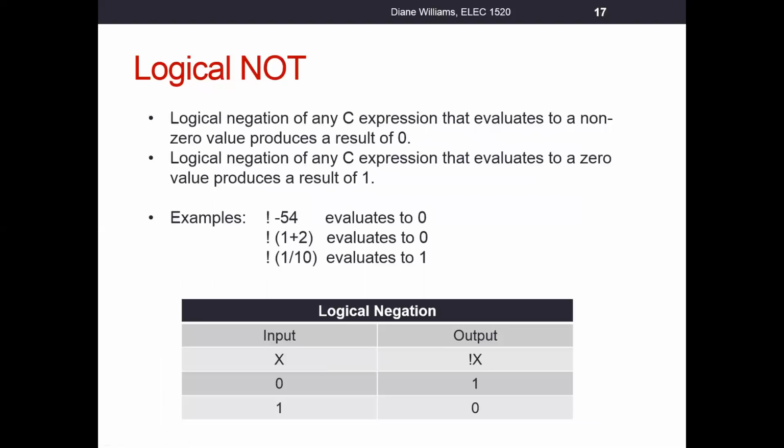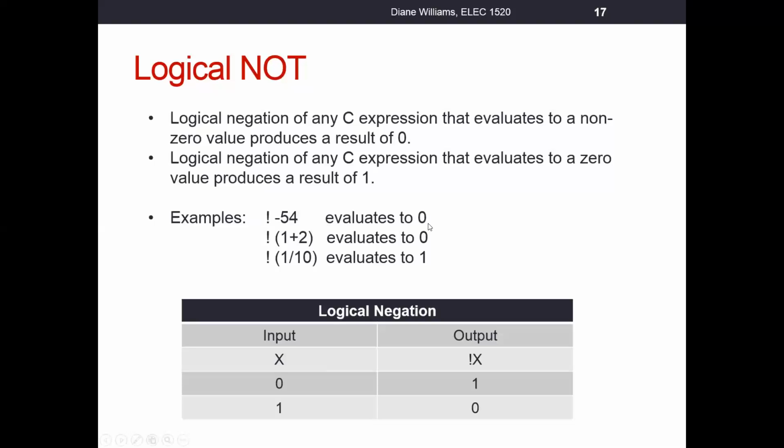Logical not, once again, we use the exclamation point. It negates it. Not 0 is 1, not 1 is 0. Now, we have to remember in C, we have arithmetic expressions. What happens if we were to invert something other than a 1 or a 0? What you need to know about C is C always treats a 0 as false.